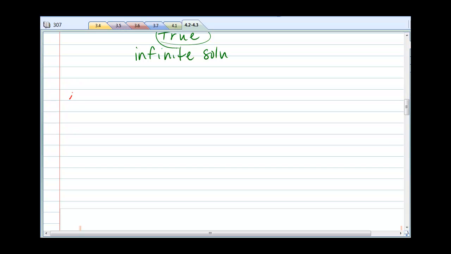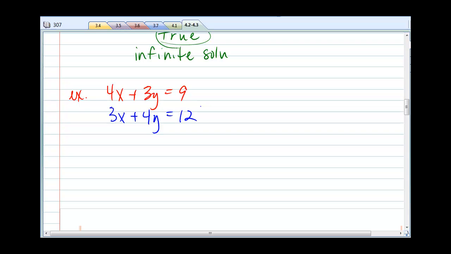If I start out with the equation 4x plus 3y is equal to 9, and I have another equation in my system of 3x plus 4y is equal to 12. Now I look at these two equations and neither one of them is solved for y, so I have to do that.